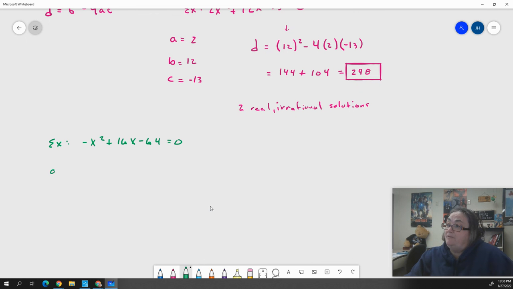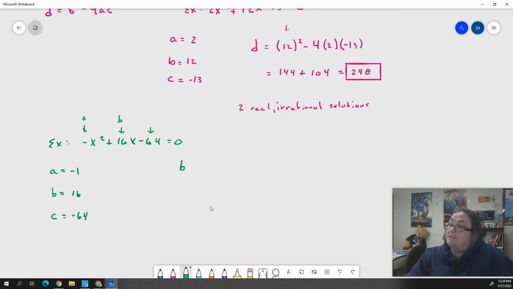We can easily find our A, our B, and our C. Our A is 1, but because we have that negative, it's negative 1. Our B is whatever's in front of x, so that's just 16. And our C is the independent constant number, negative 64.